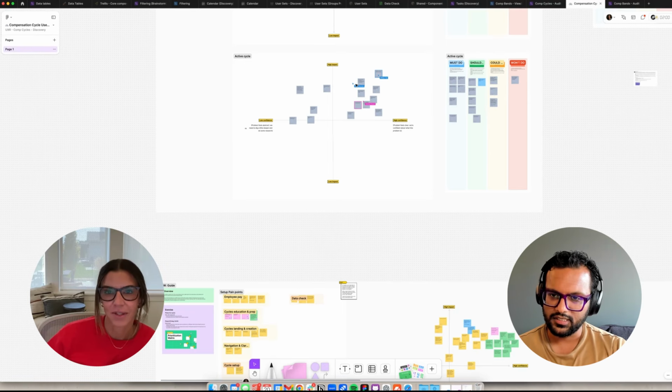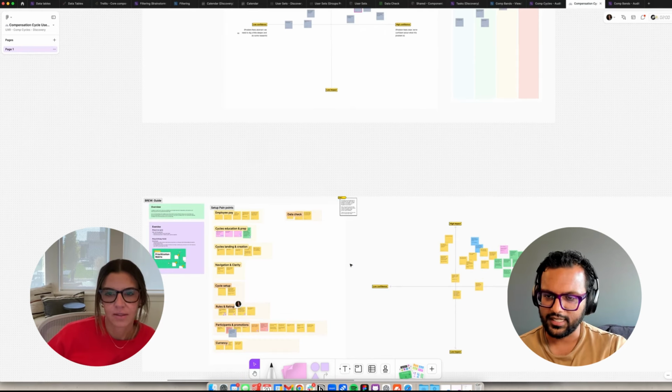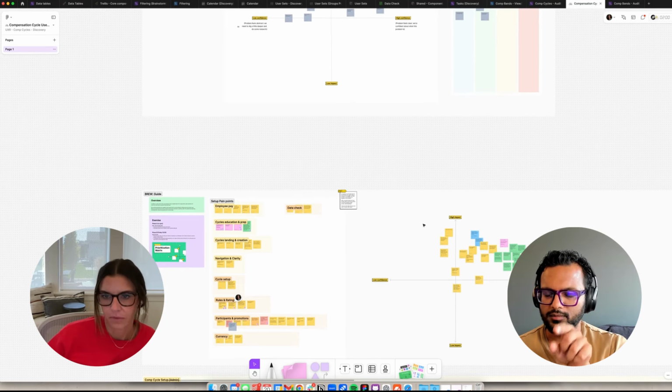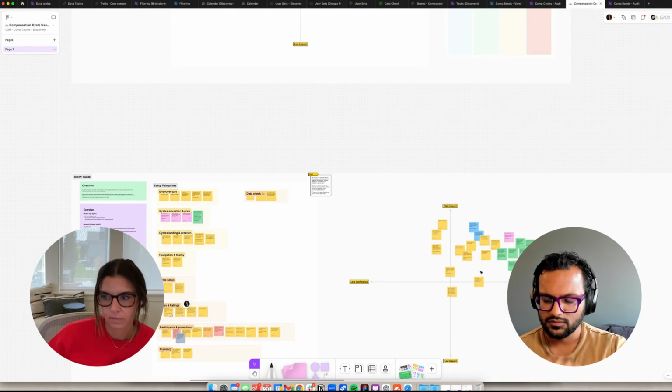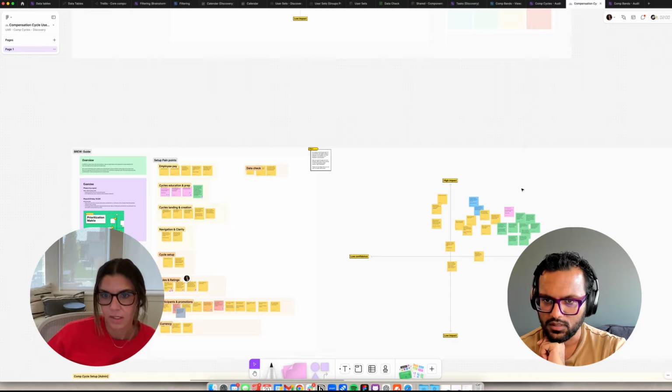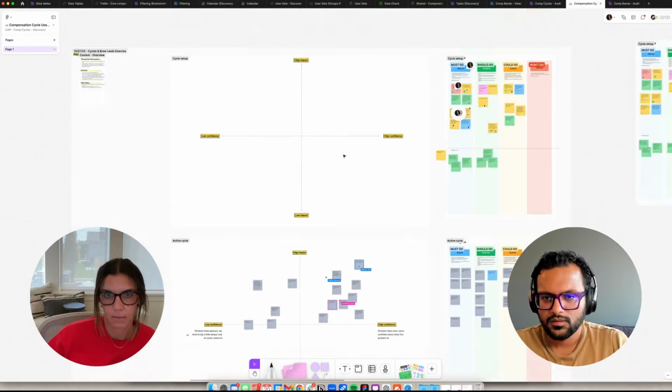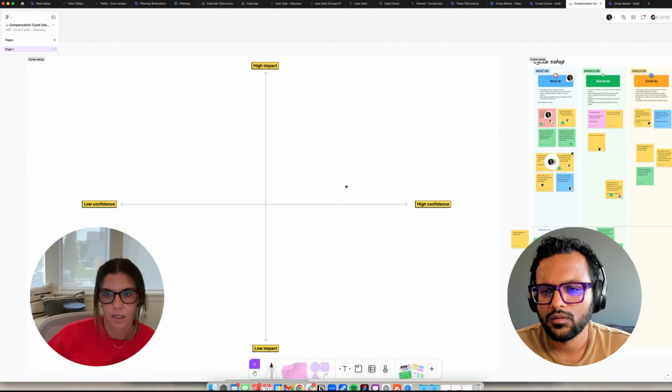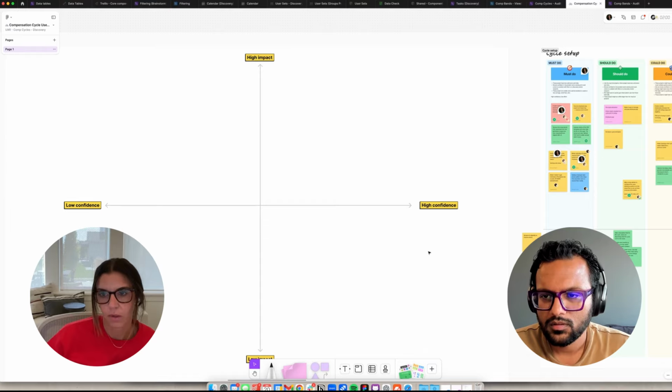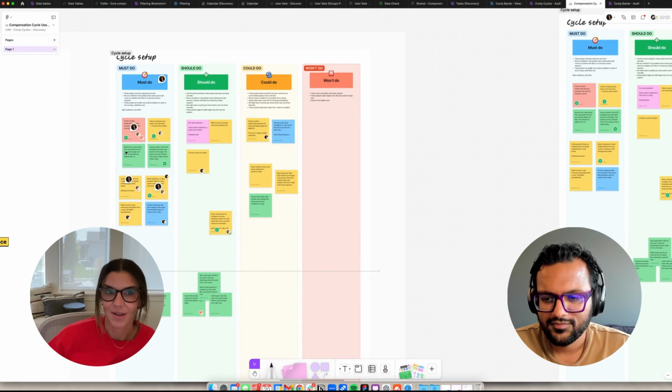So you took all the stickies that everyone voted for high confidence in that top right corner, and that is what went through the MoSCoW framework to figure out, out of all these stickies, which one is a must do. So we took this whole matrix and then put this here, and then we started with the ones that were over here, and this is all coming back to me now.